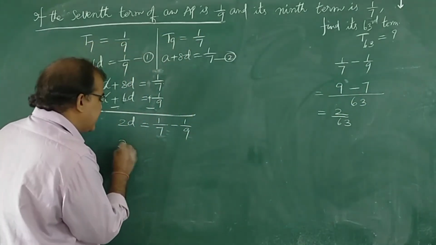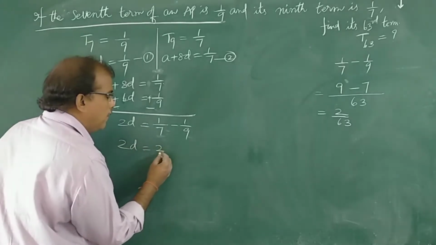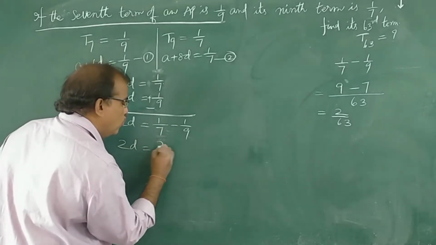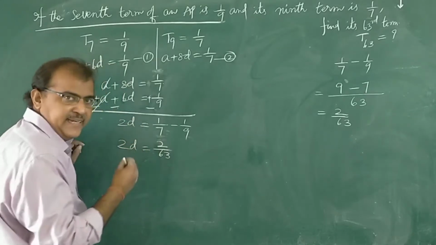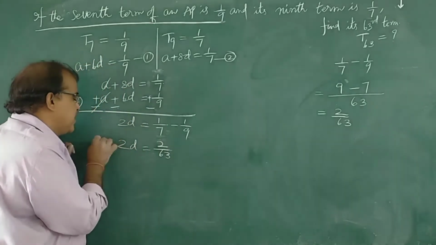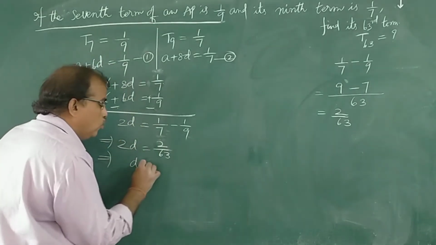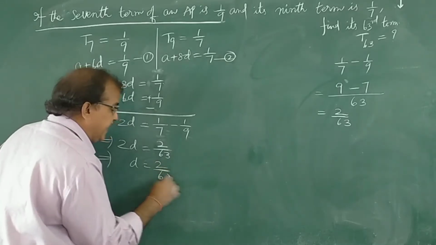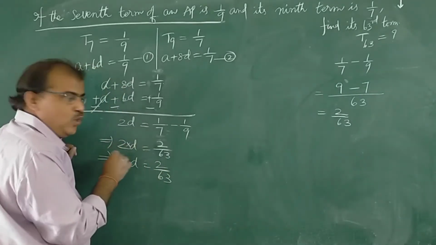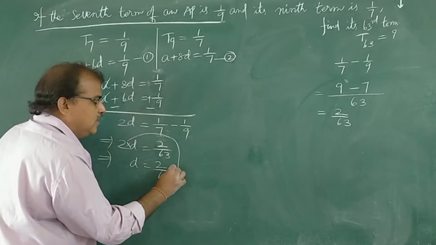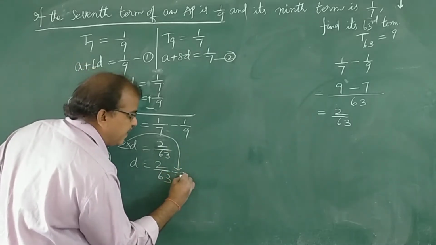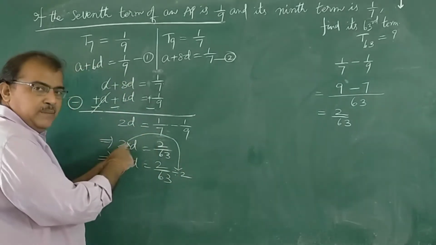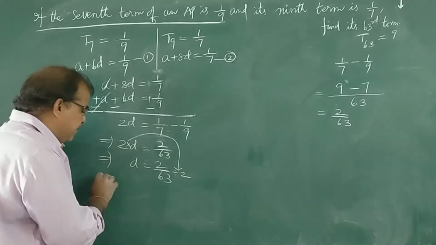Now 2D is equal to 2 by 63. Very important, carefully you see. This is into 2, so it will be transposed and divided by 2.